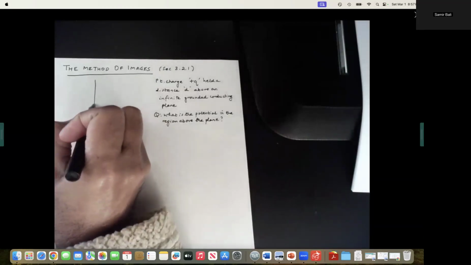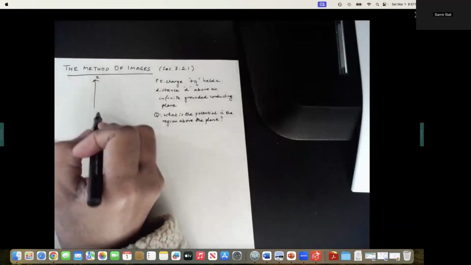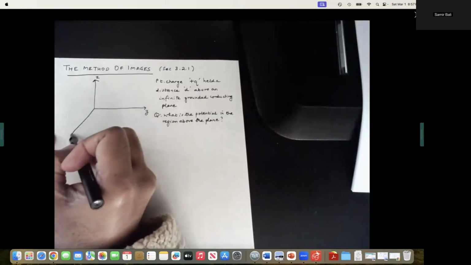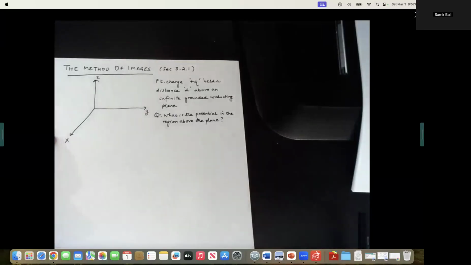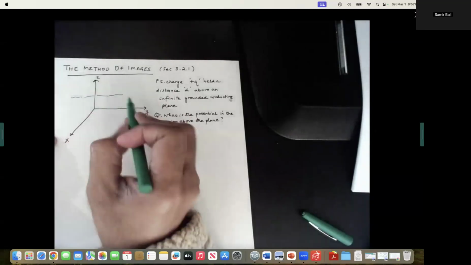Let's make a drawing. So here's the Z, and here's the Y axis. There's X. Okay. And the plane, we'll draw that in. The plane looks like, here are the kind of edges.